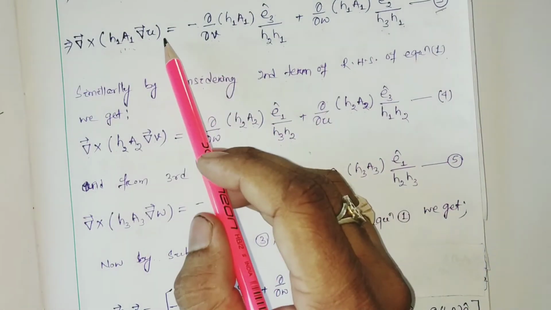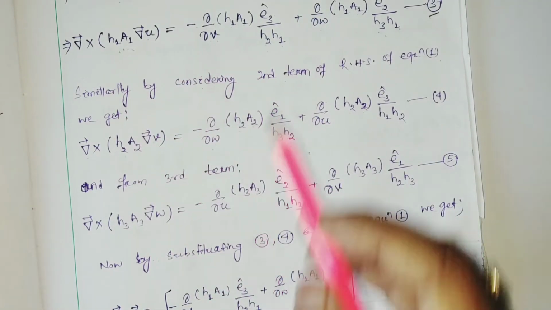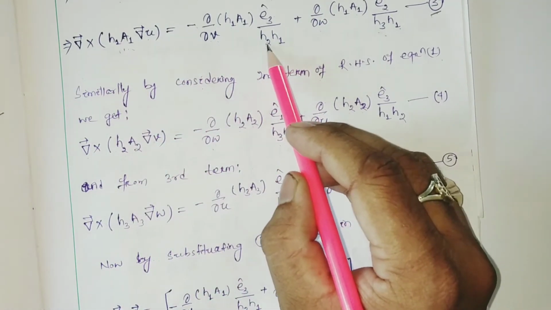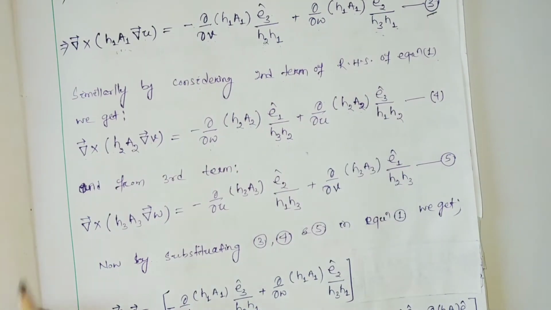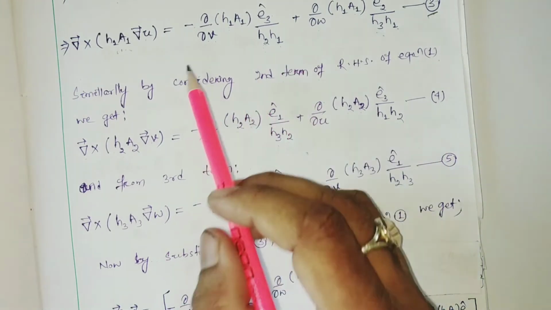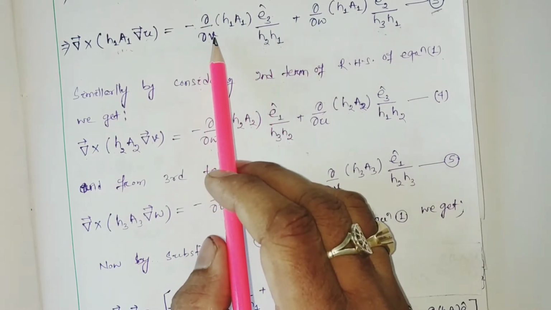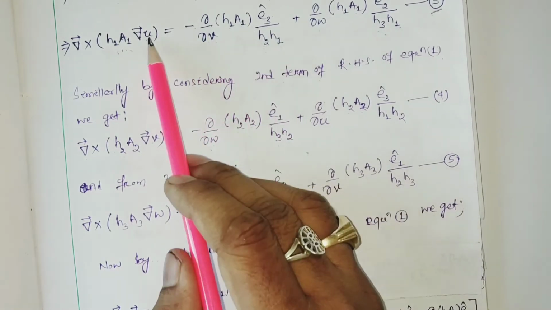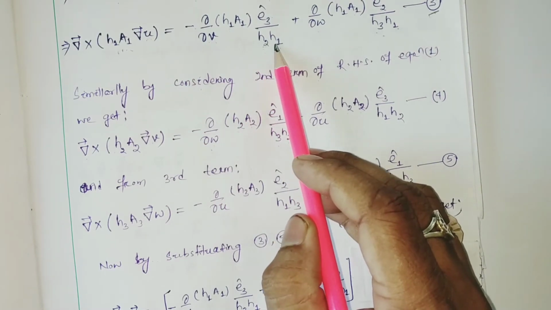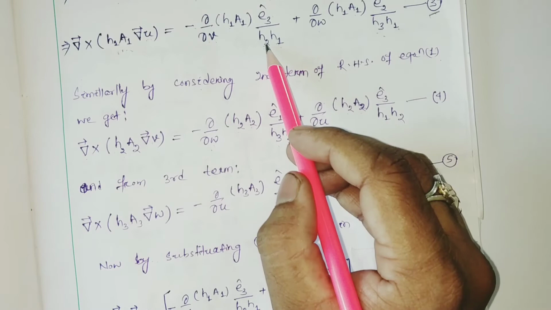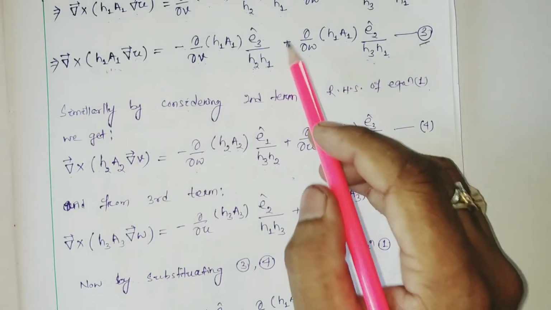Now here you can see H2 H1 is there. That means for U, just consider H1, U refers to H1 and V refers to H2. So if U is there, it has to become H2 into H1, and if it is 2 and 1, then this will be E3 cap, right? And the second term will always be positive.